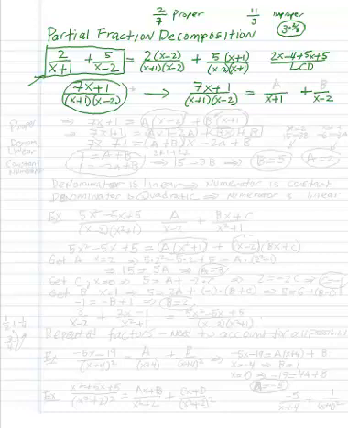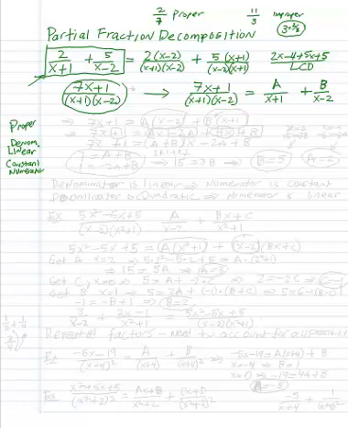And so for this to be a proper fraction, since the denominator was linear, we had to have a constant numerator for this to be a proper fraction. So there's a constant up here that we're going to try to figure out, a, and likewise a b for the top of that numerator as well.